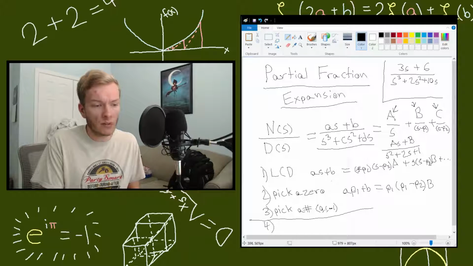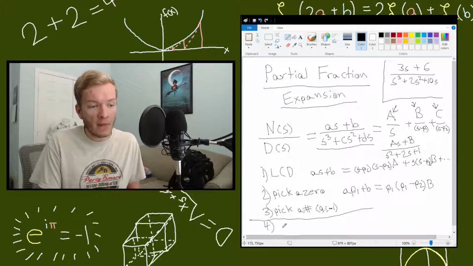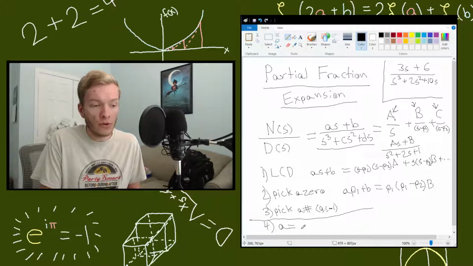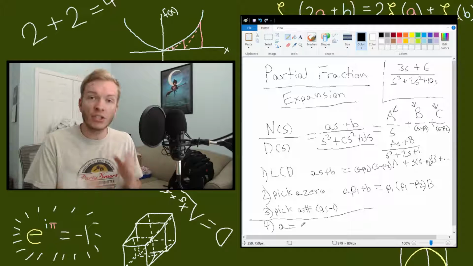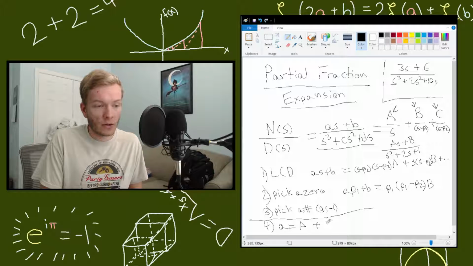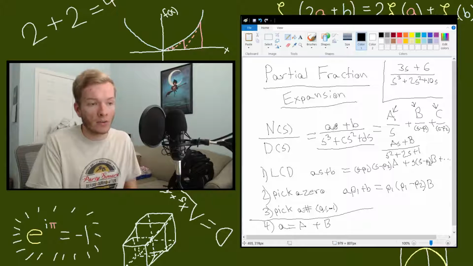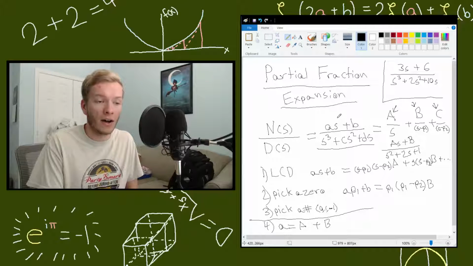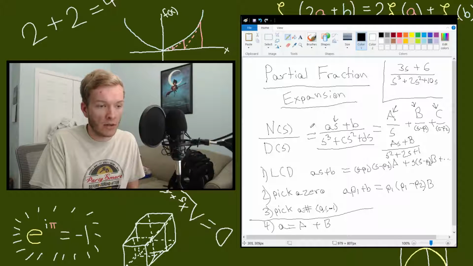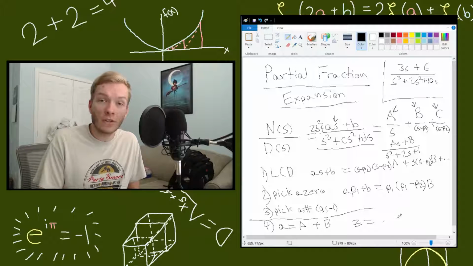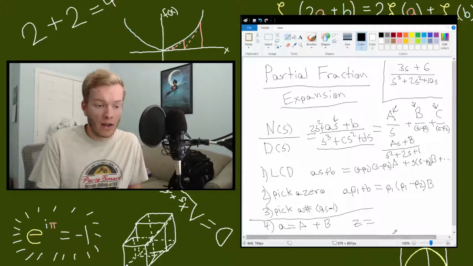Since we have an AS here, that means that A is equal to the addition of all of the constants, I'm just being arbitrary down here, not necessarily following the example, but A is equal to all of the coefficients of a single powered S. So if there was an s squared term, let's say z s squared here, then that would mean that z is equal to all of our terms that have an s squared in them added together.